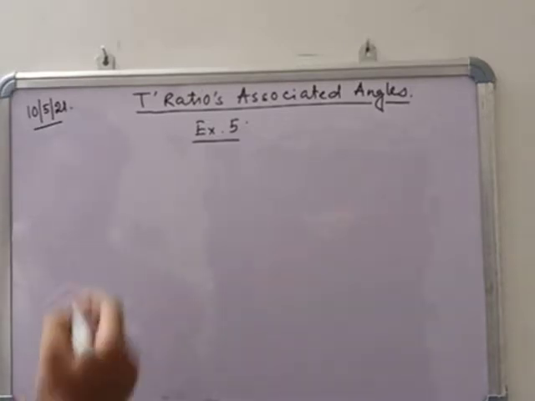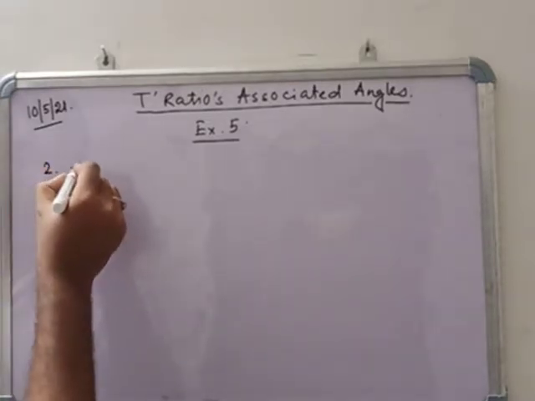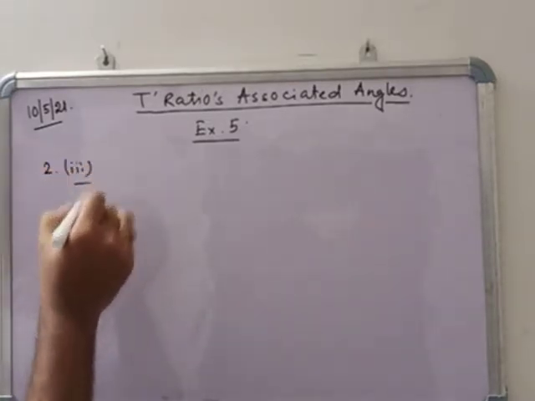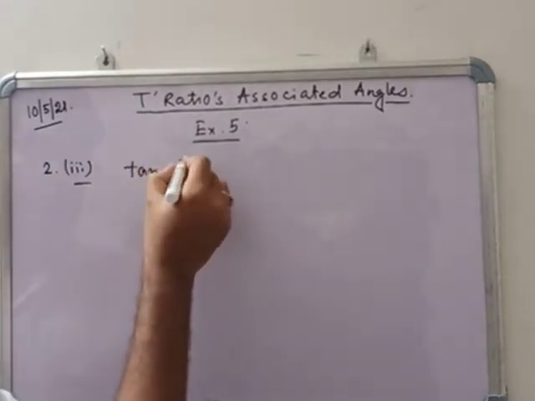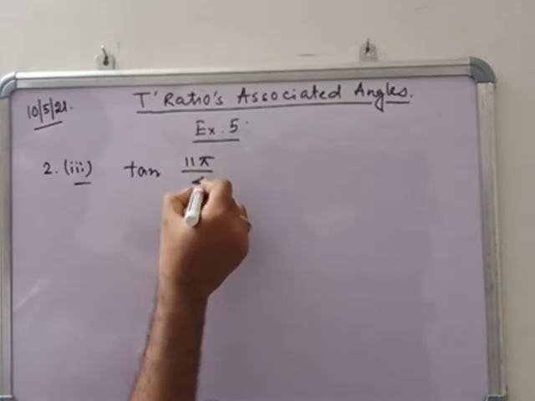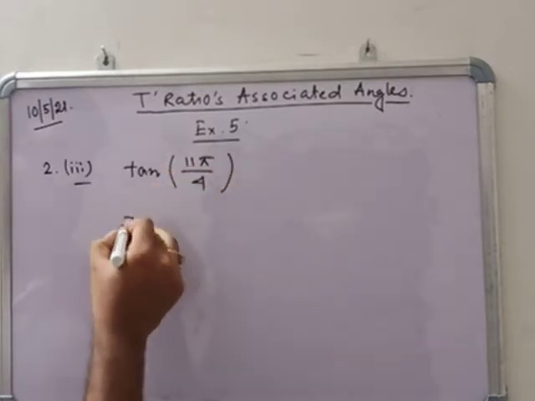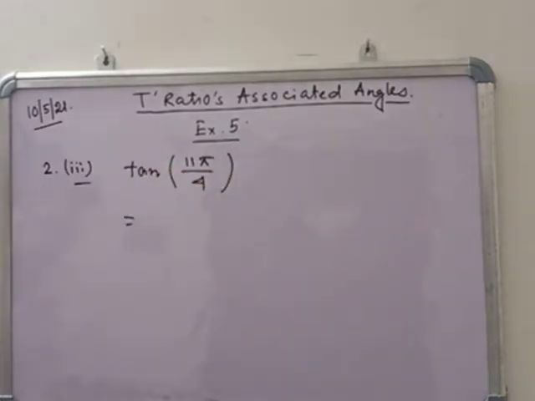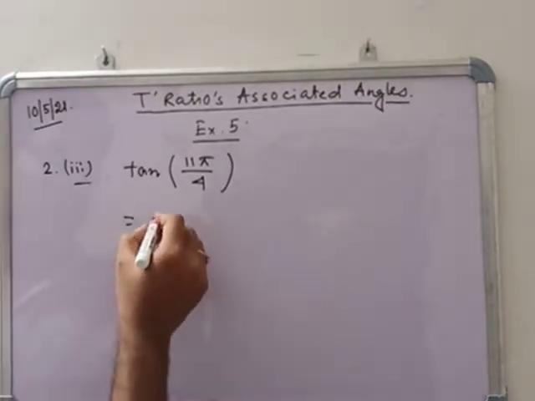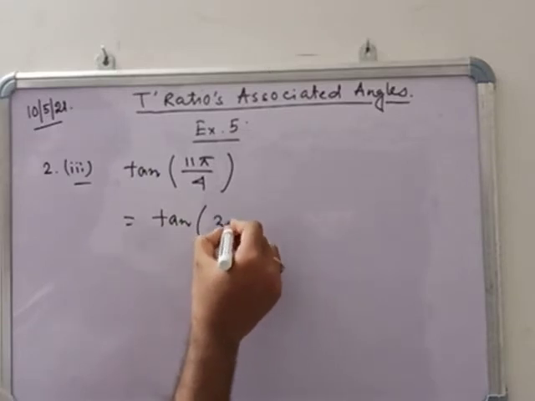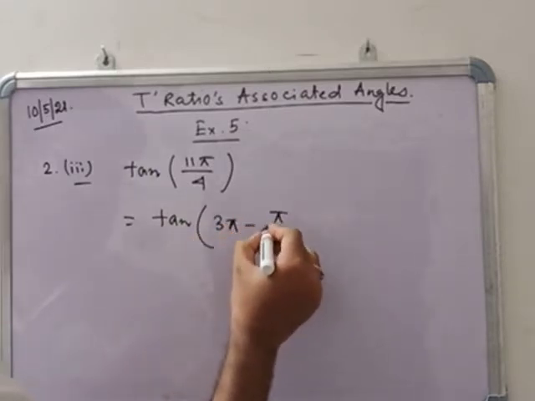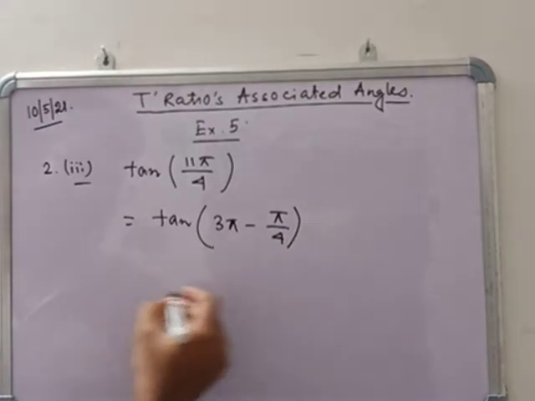Now the next one, tan 11 pi by 4. We can express 11 pi by 4 as 3 pi minus pi by 4. So tan of 3 pi minus pi by 4.